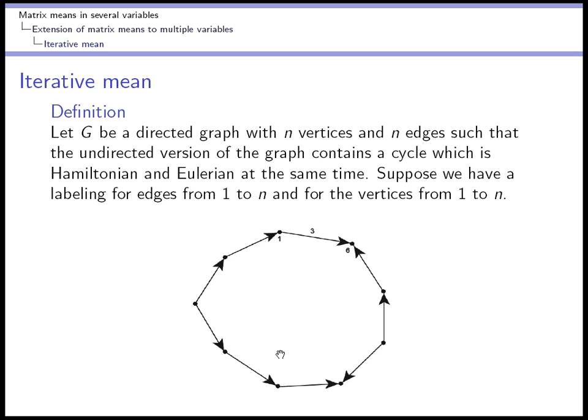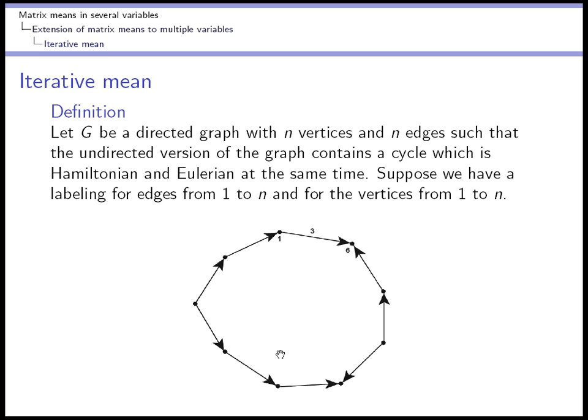One way to go is the so-called iterative mean. This is based on a definition. We are going to need an infinite sequence of graphs which has the following property. Let G be a directed graph with n vertices and n edges, such that the undirected version of the graph contains a cycle which is Hamiltonian and Eulerian at the same time.